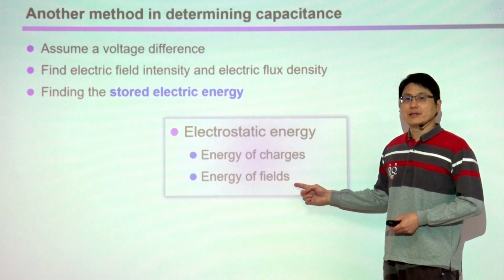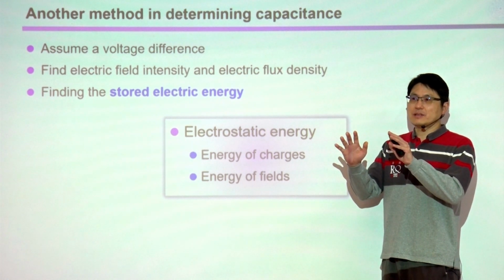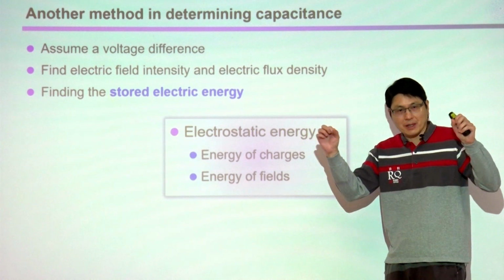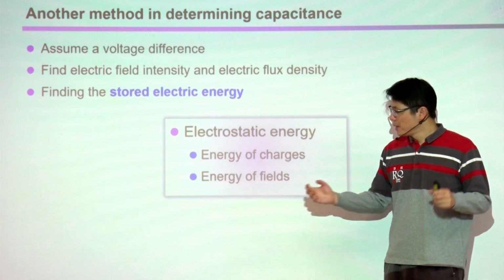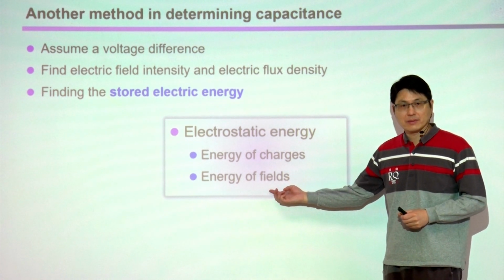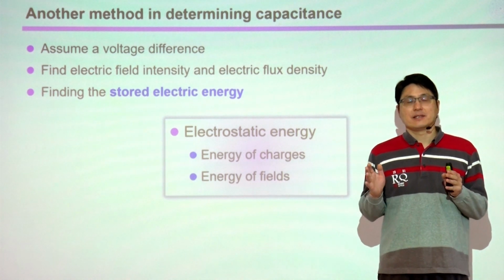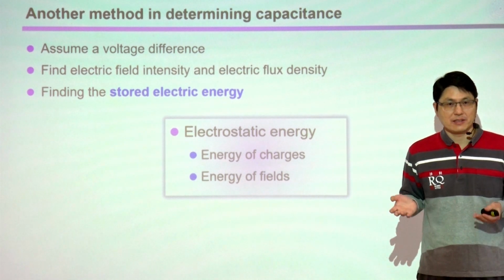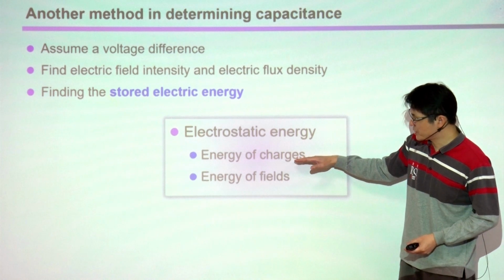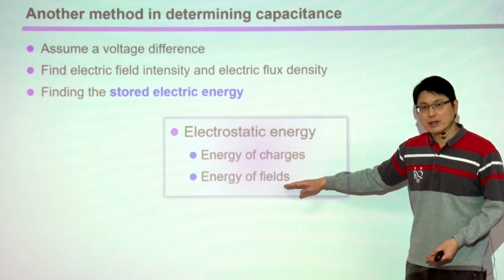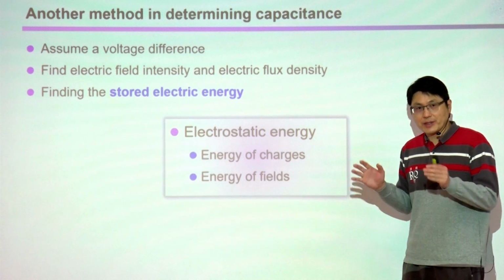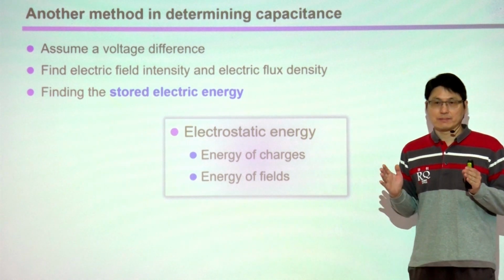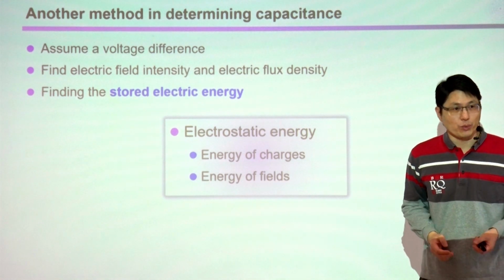On the other hand, if in space we don't really have charges, we don't have the real particle that contains charges, but we do have fields, that space can also be said to be a field with energy. Okay? So charges can give rise to energy and also fields, where you don't really have the charged particle, but you only have field lines, but that is also containing energy as well.